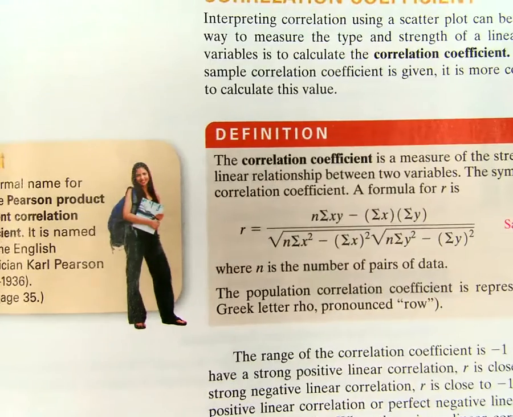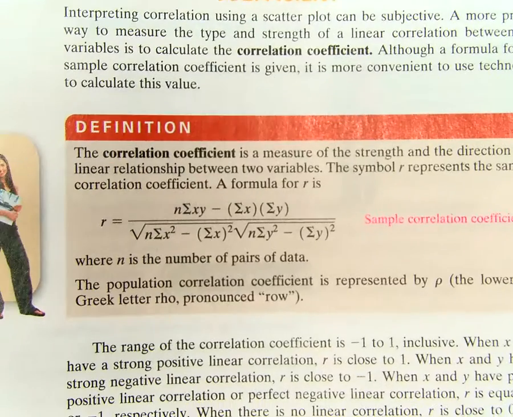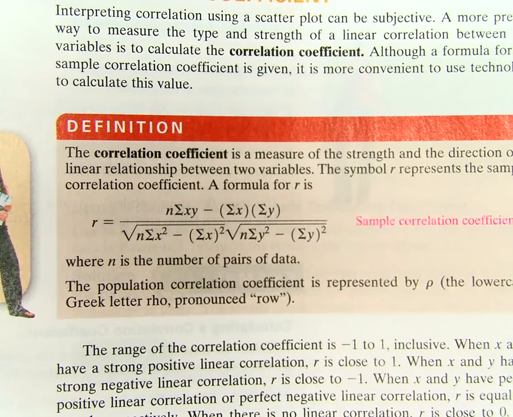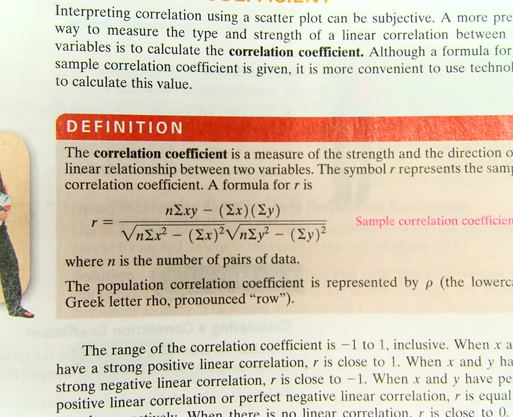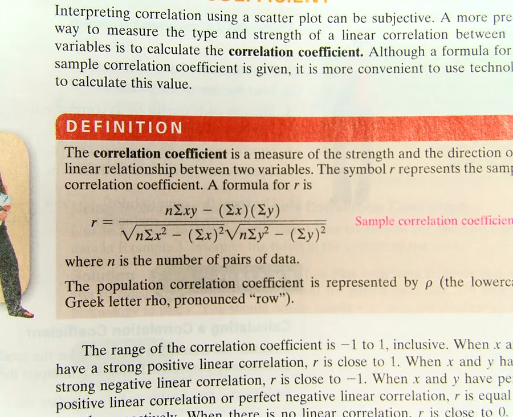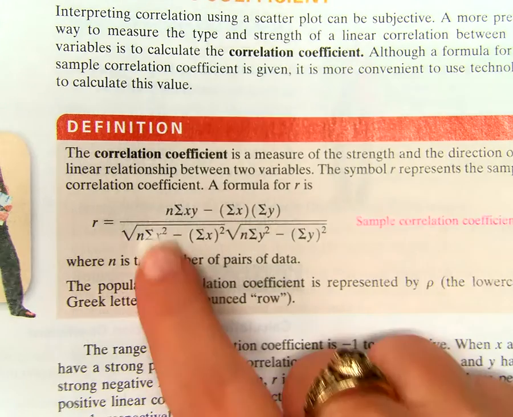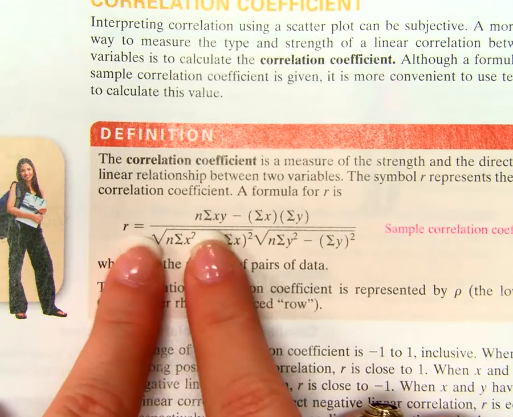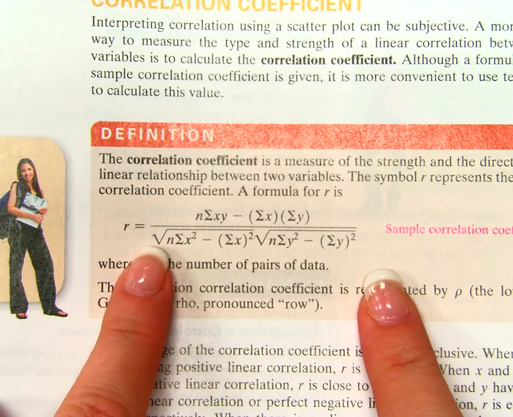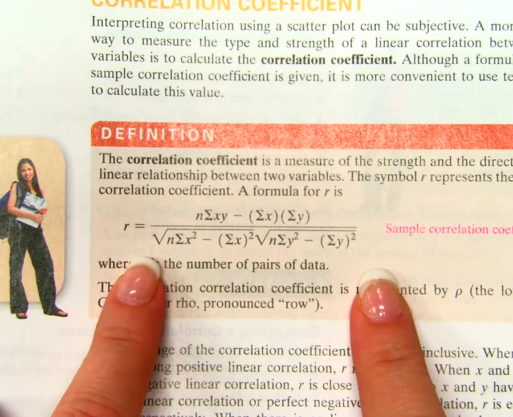Then there's this beautiful, beautiful formula for finding the correlation coefficient. This is not something that we did in Algebra 2. It wasn't necessary. It's not on my list of stuff that we need to talk about, but we need to talk about it now. Okay? Look at this beautiful formula. Does it even make any sense to you?